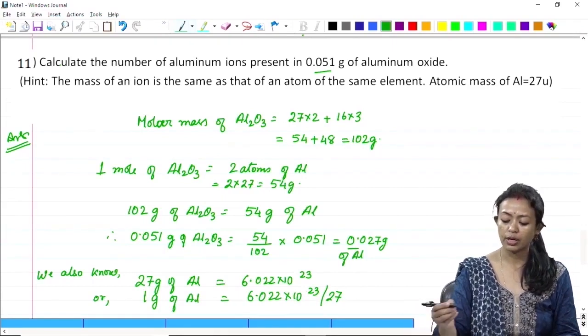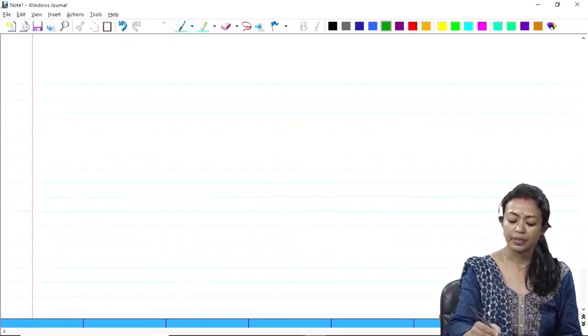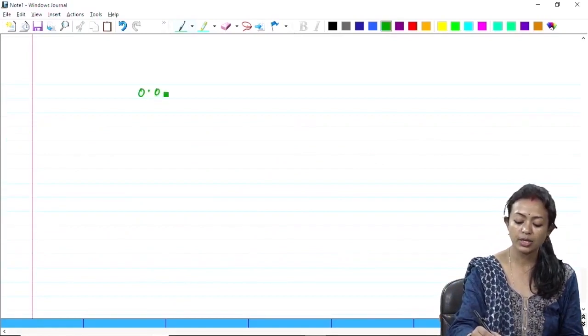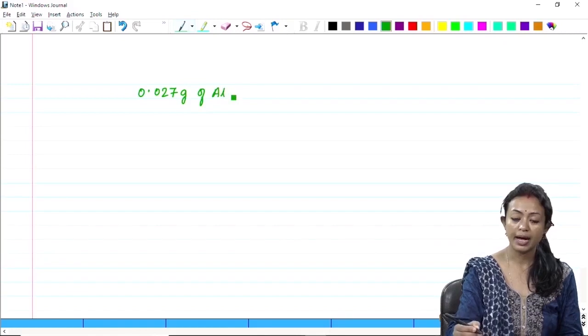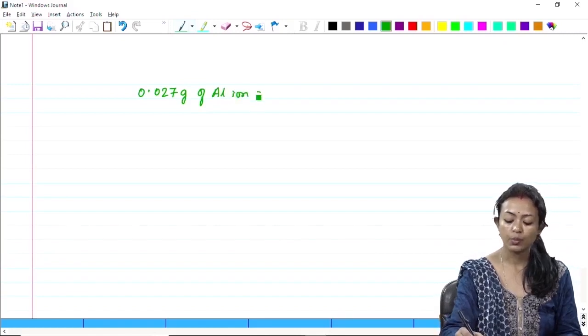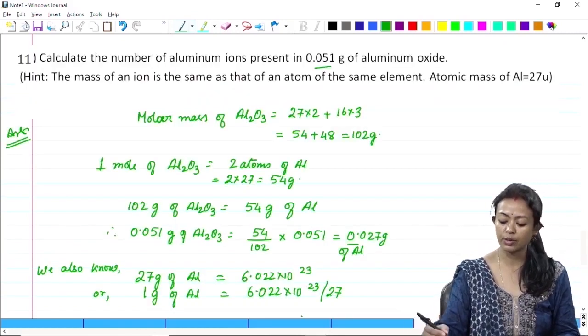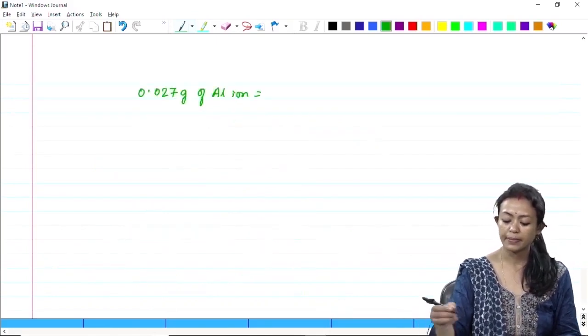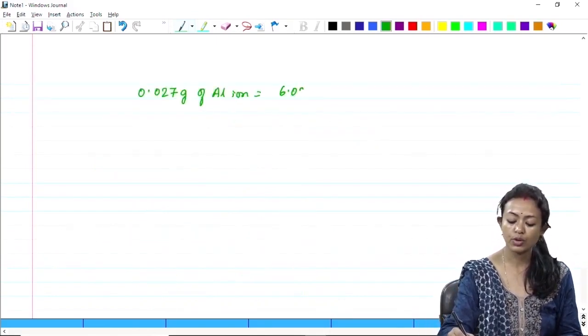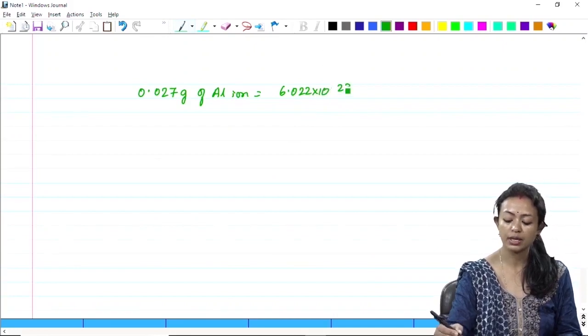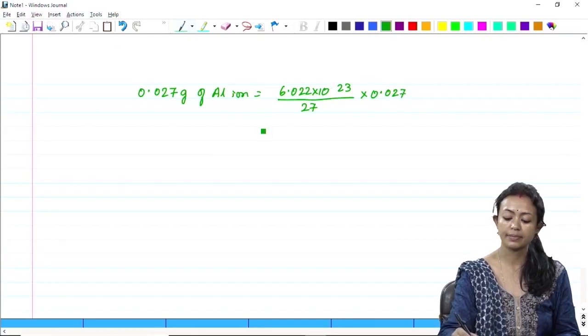So therefore, 0.027 gram of aluminum ion will be equal to, what was the value? 6.022 into 10 to the power 23, alright, divided by 27 into 0.027.